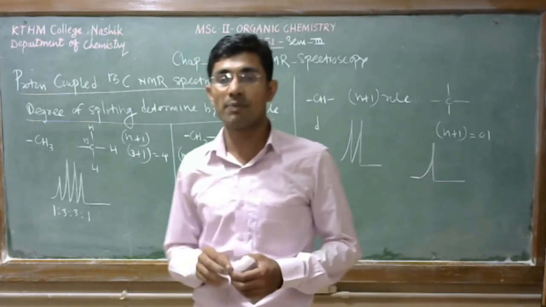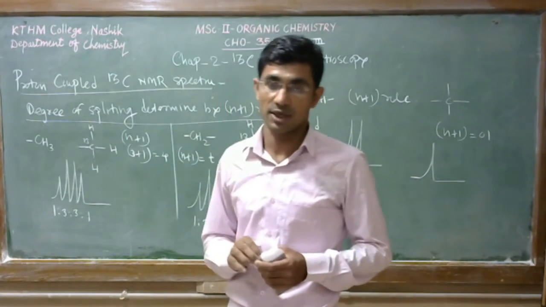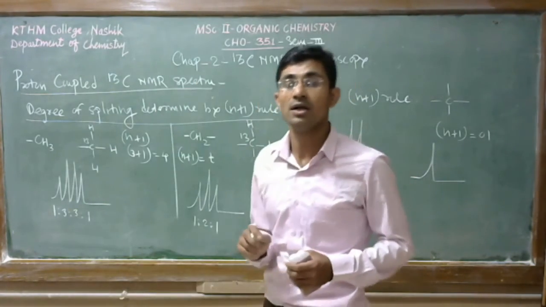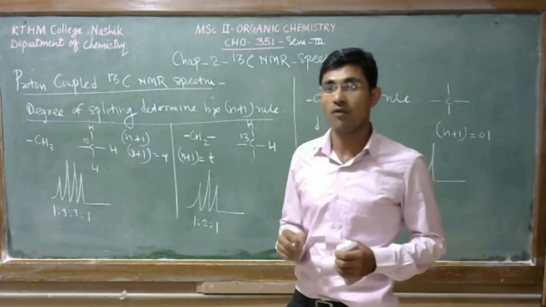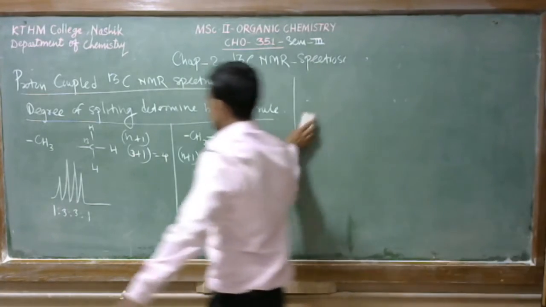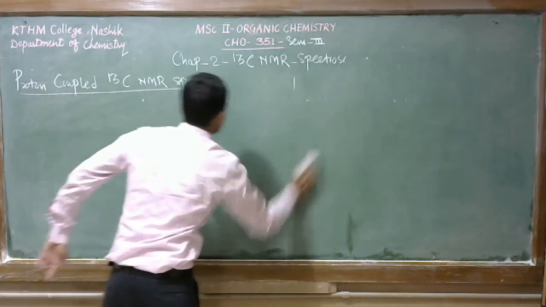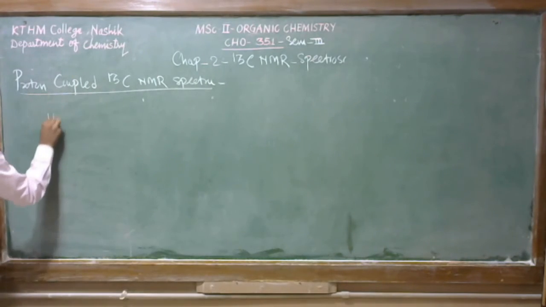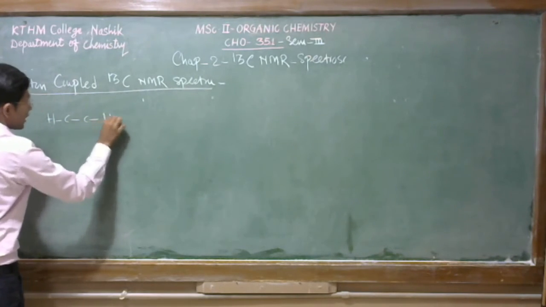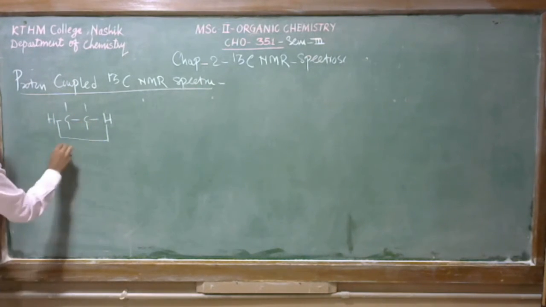So this type of heteronuclear one bond coupling we can observe in proton coupled 13C NMR spectra. Also in this spectra we observe 3 bond coupling, which can be observed in 1H NMR also. 3 bond coupling means the proton attached over the adjacent or neighboring carbon is also coupled, so adjacent protons are coupled.